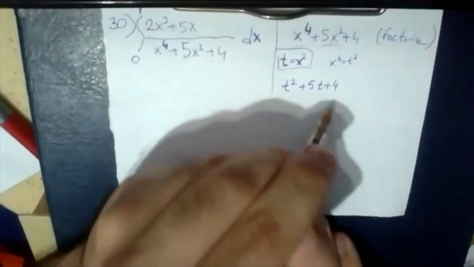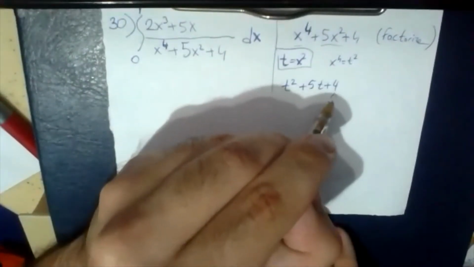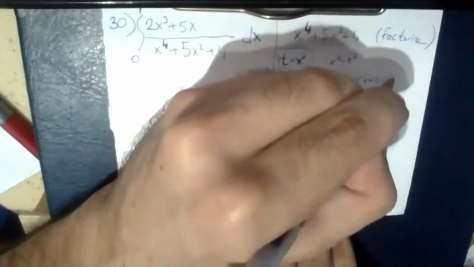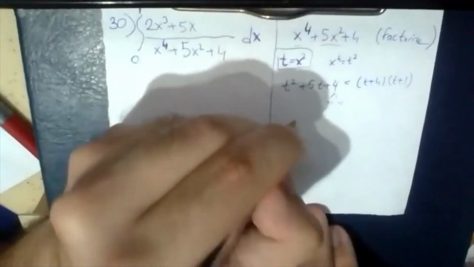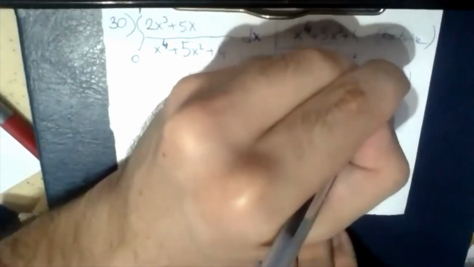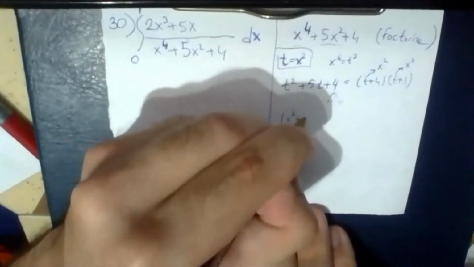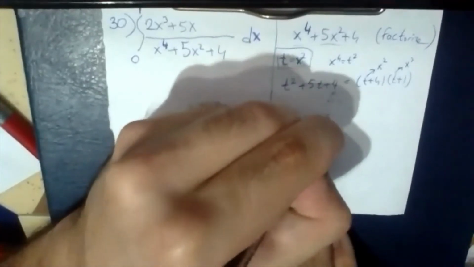And we can factorize this polynomial as (t plus 4) times (t plus 1). So its factorization will become, replacing t with x squared again, (x squared plus 4) times (x squared plus 1).